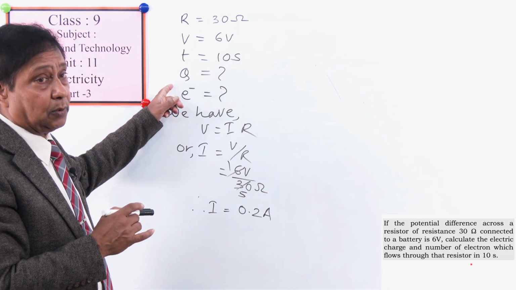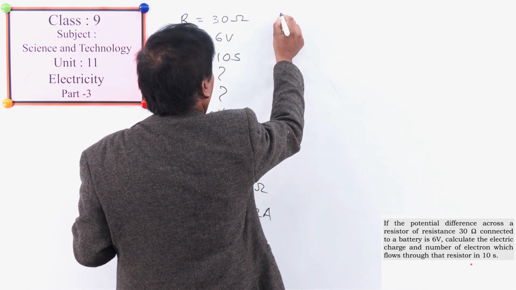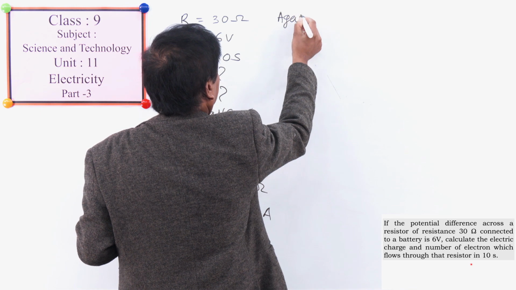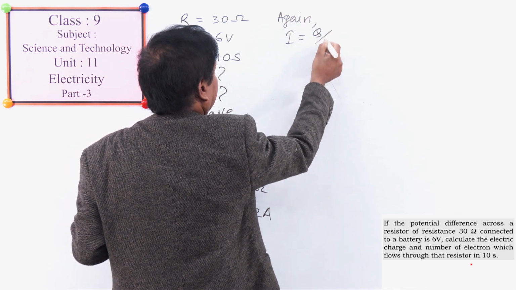We have to find out Q. So what formula can be used? Again, I equal to Q by t.